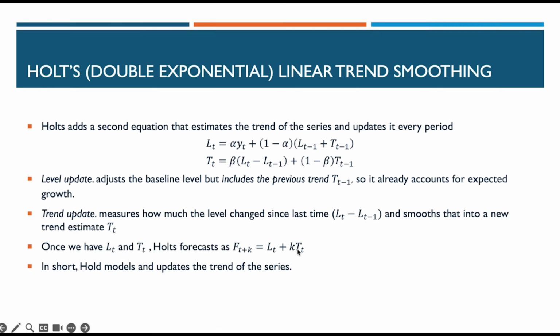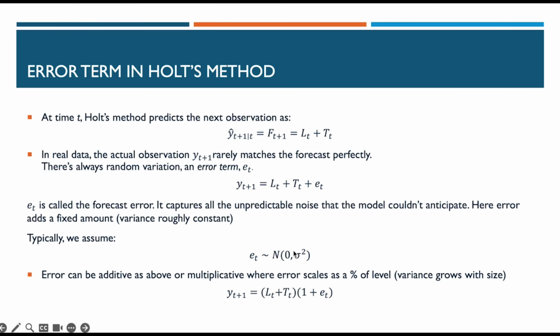Okay, k is 1. So the error term can be additive, can be multiplicative. If the error term is additive, we will be adding this. So Y_t+1 is going to be equal to L_t plus T_t plus E_t. If it's multiplicative, it's going to be like this. Multiplicative error means the error scales as a percentage of the level, so the variance grows with the size.